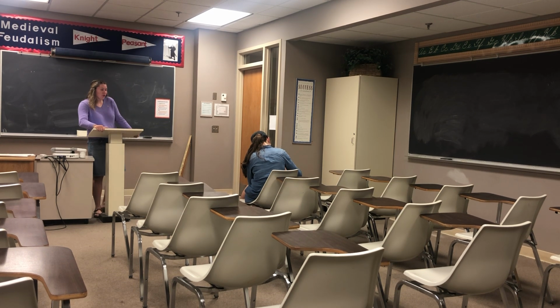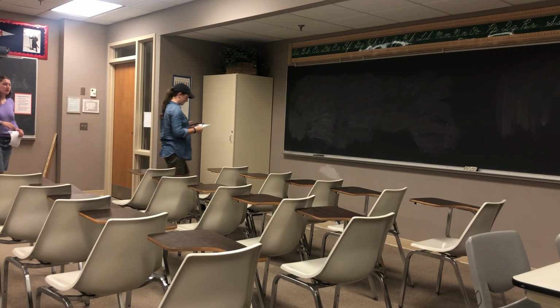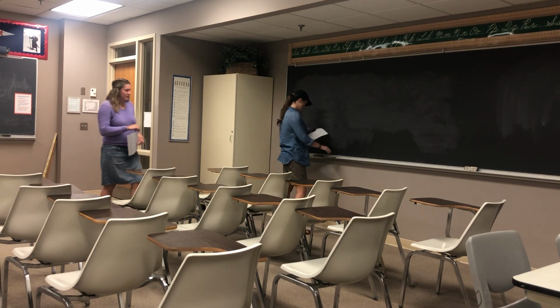If I can get Kelly to do 4 at the board, and Jenna, you come do number 5 at the board. Kelly number 4 and Jenna number 5. The rest of you make sure you're working diligently at your desk.